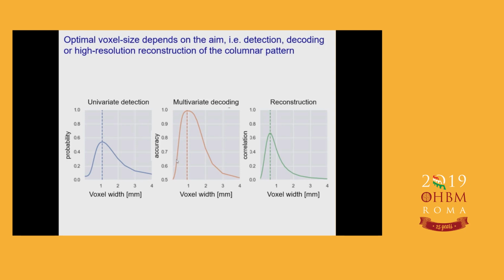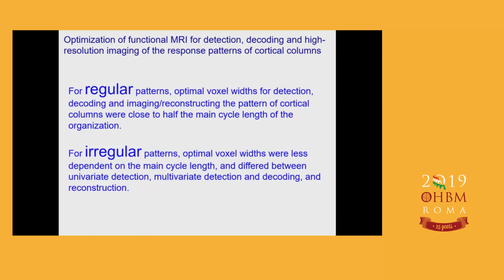For the same spatial frequency, the optimal voxel width for multivariate decoding is also 1 millimeter. But for reconstructing, for really describing in detail the pattern of the map, we need a smaller voxel size, in this case approximately 0.6 millimeter.